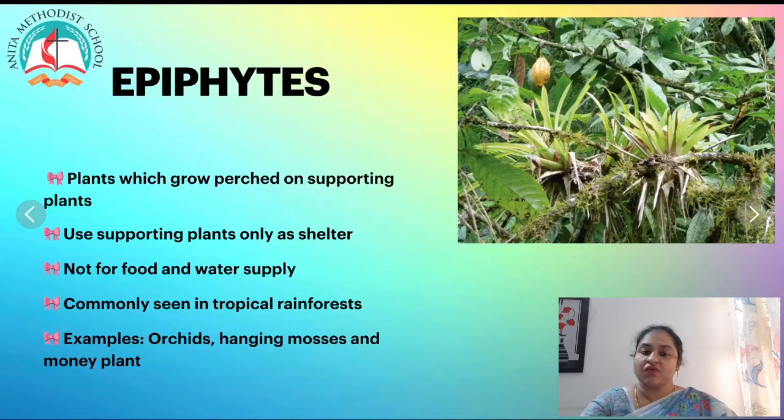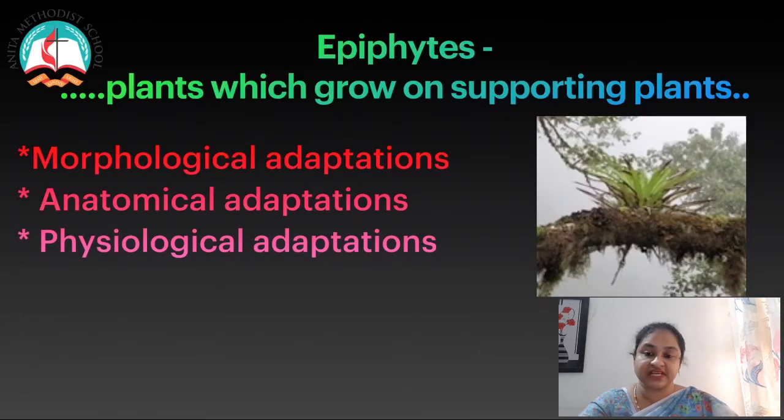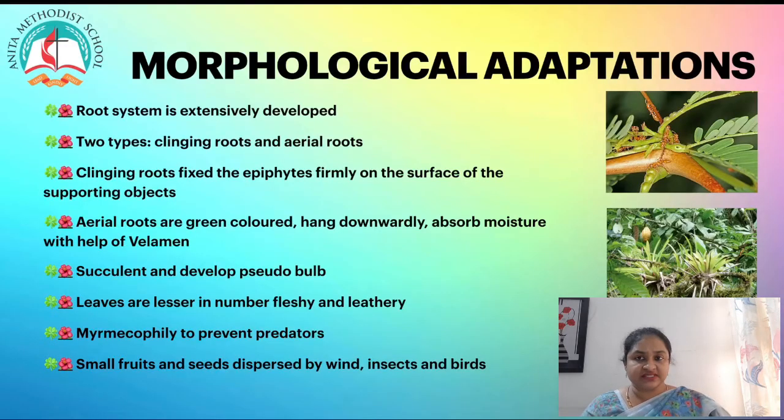Under epiphytes, the morphological adaptations, anatomical adaptations and physiological adaptations of these plants we will see in detail. The root system is extensively developed in epiphytes, and there are two types of root systems: the clinging root system and the aerial root system.